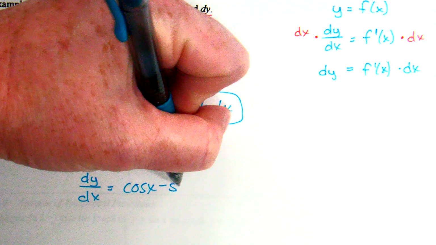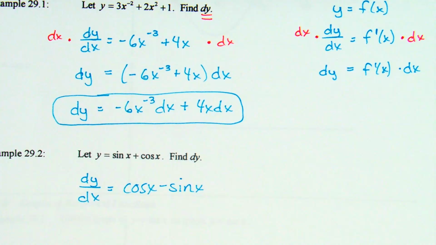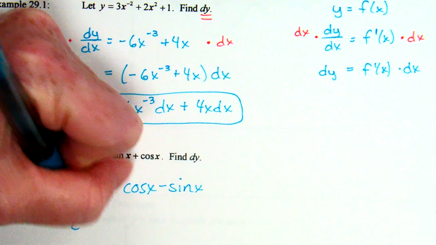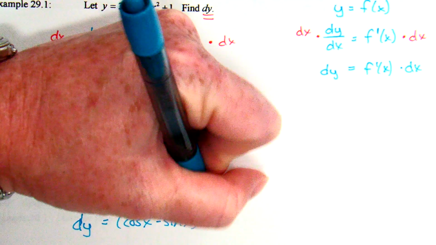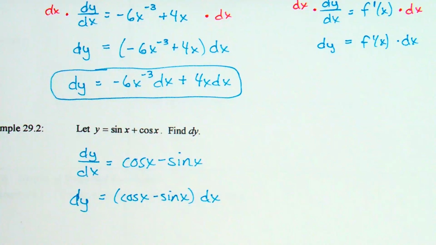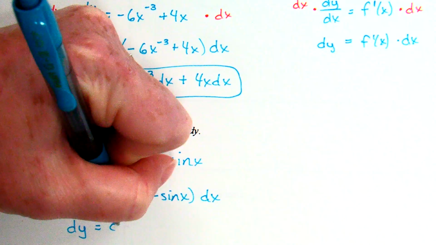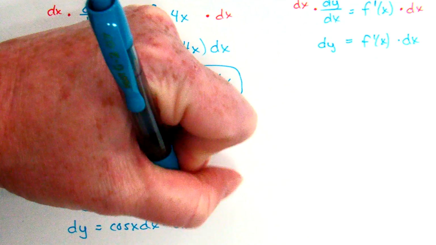So minus sine x. What do we do here to solve for dy? Multiply by dx. So dy is equal to the quantity cosine x minus sine x, times dx. Or if we distribute, dy is equal to cosine x dx minus sine x dx.